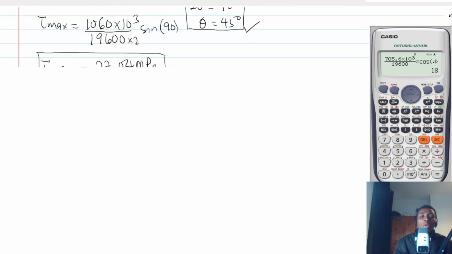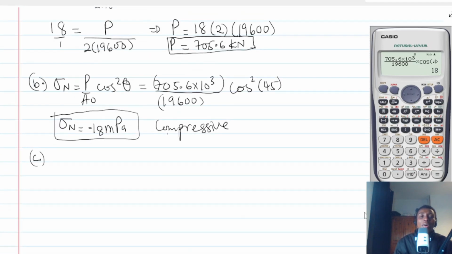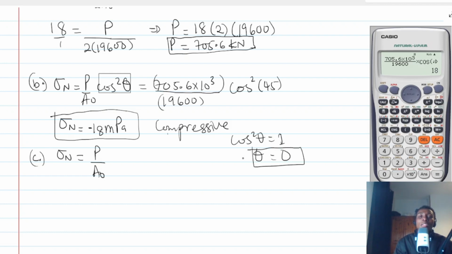Again, the formula for the normal stress is P over A naught cos squared theta, and the value of cos squared theta will be maximum when it is equal to 1, where theta is 0. So the answer for the maximum normal stress is P over A naught.